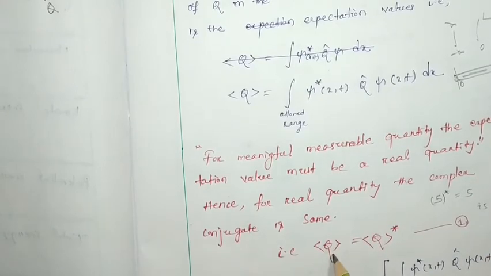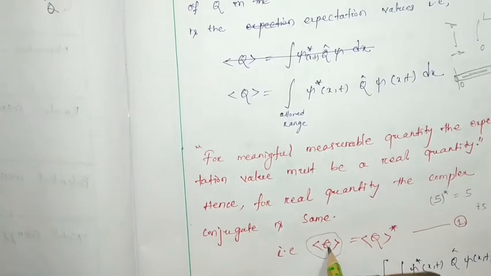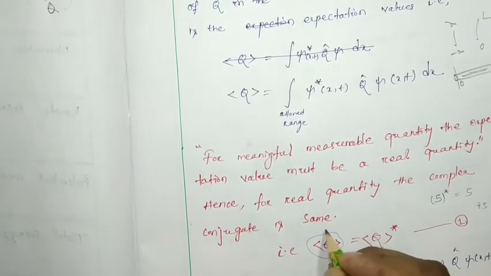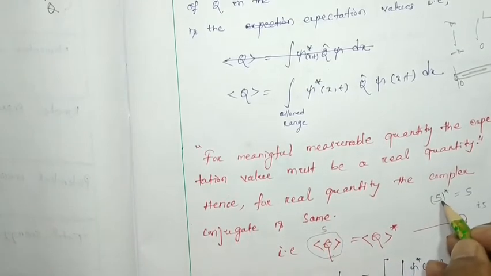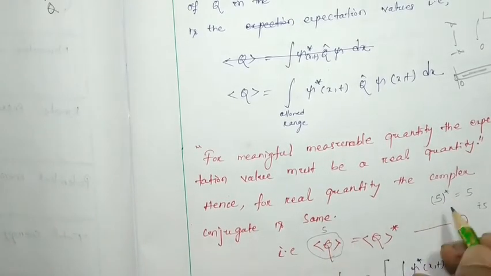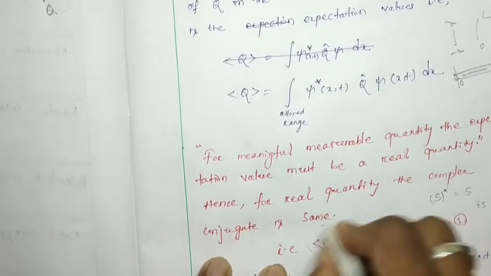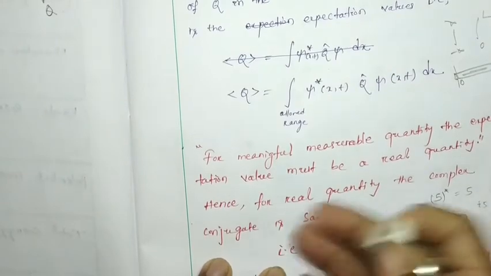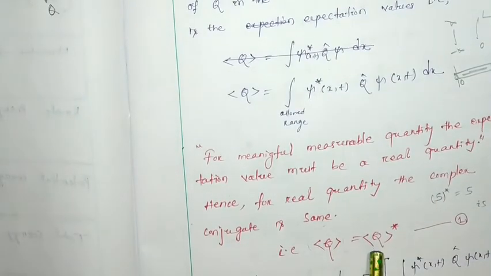However, the expectation value of an observable will be real, hence that value will be equal to the complex conjugate of this one. Suppose the expectation value is 5; the complex conjugate of 5 is itself 5. So for that we have written here that the expectation value of an observable, which is real, will be equal to the complex conjugate of the expectation value.